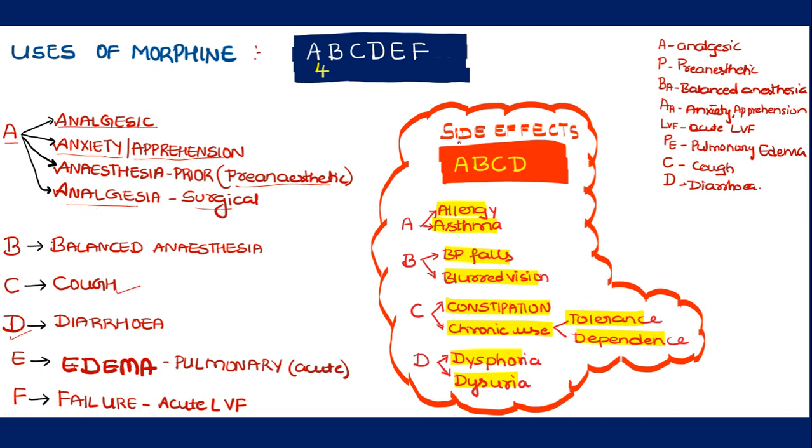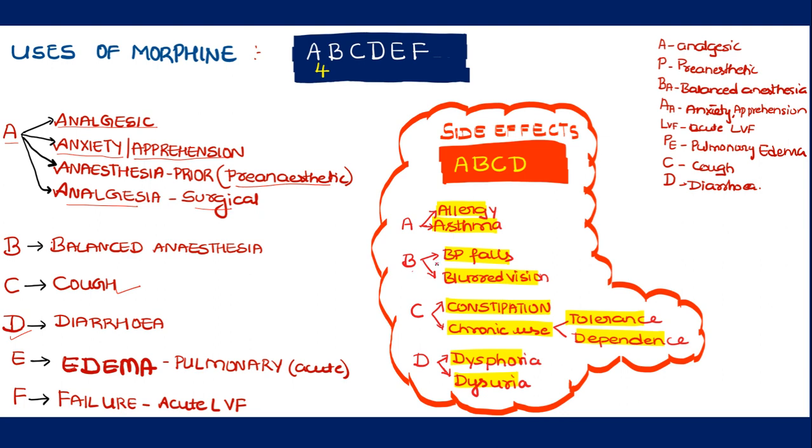Along with uses, it will be good if you also remember the side effects of morphine, which can be remembered as A, B, C, D again. A: it can cause allergic reaction. It can precipitate bronchial asthma, because it releases histamine when you give morphine.